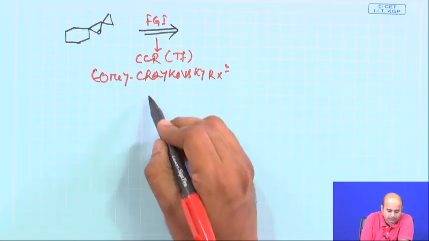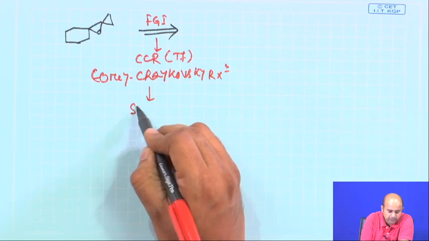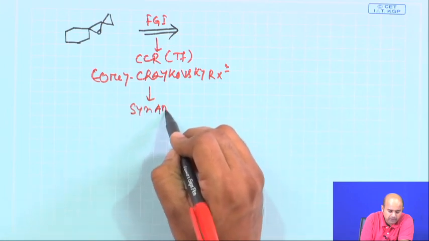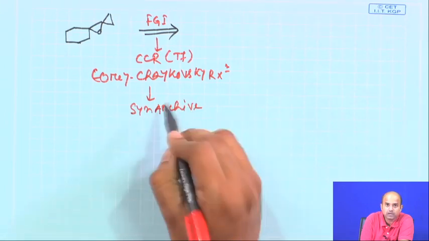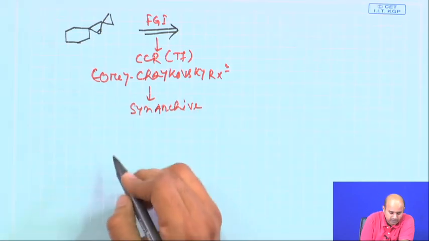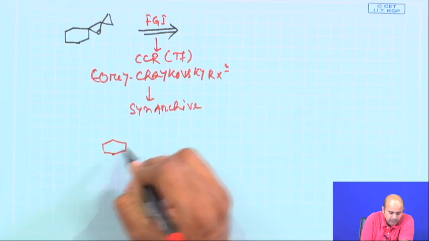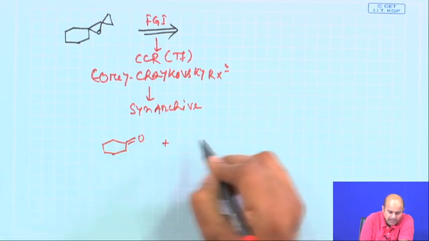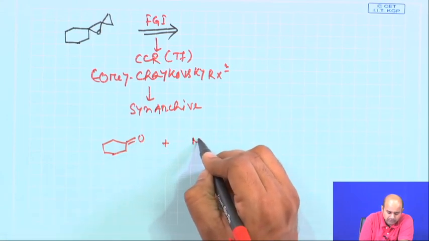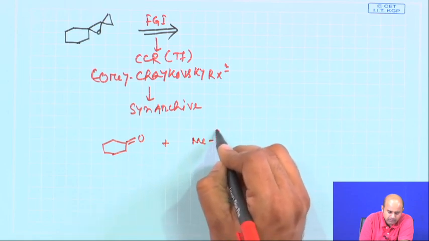Corey-Chaykovsky reaction you can search in the Scene archive, you can just go and search in the Scene archive, you will find some nice link. In reality, this reaction is basically that you take a carbonyl compound and react it with this kind of sulfonium iodide.